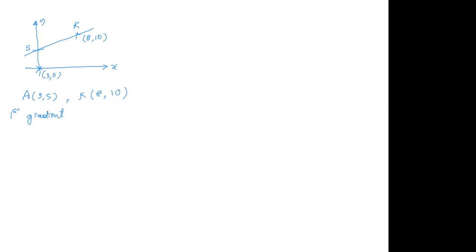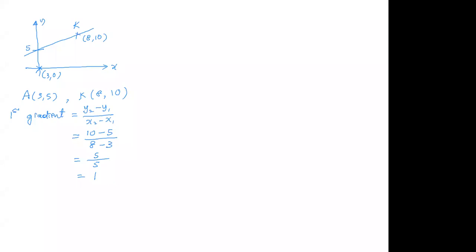Gradient of a straight line, only for a linear function, you can get by using y2 minus y1 over x2 minus x1. Up to you which one you take as y1 and which as y2, it doesn't matter. The formula will take care of itself. 10 minus 5 is 5. 8 minus 3 is 5. So the gradient is 1.